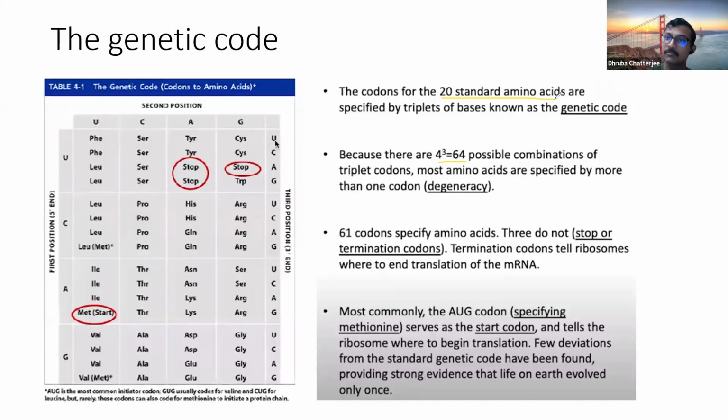If there were 64 codons encoding 64 amino acids, then most likely it would be one to one. It turns out that several different codons actually encode for one particular amino acid.